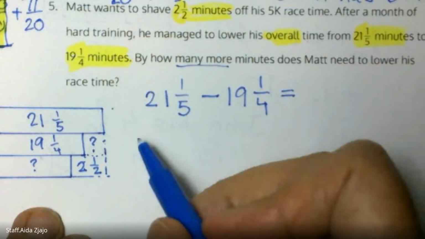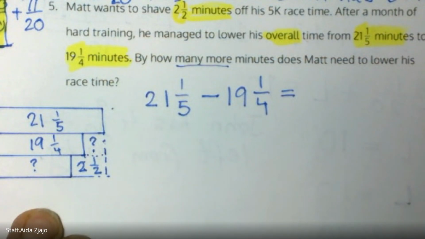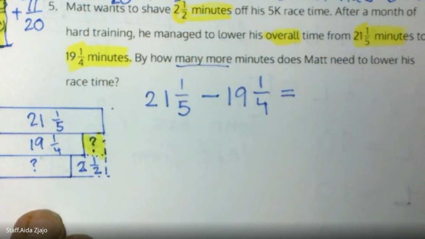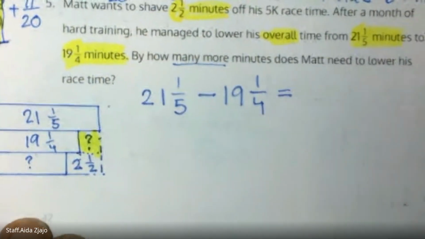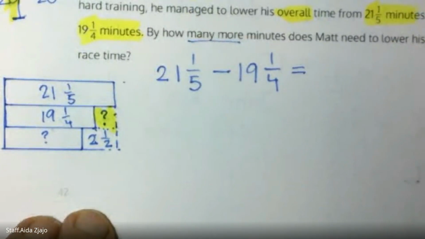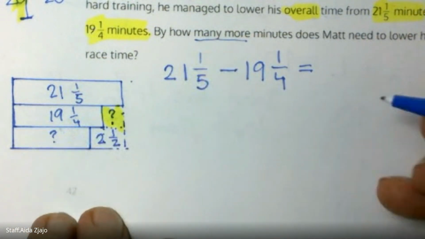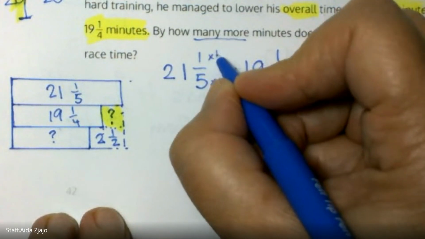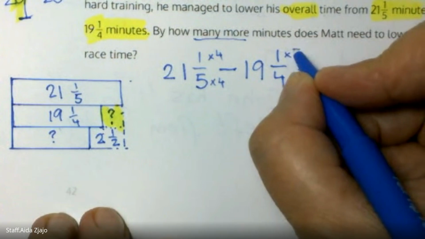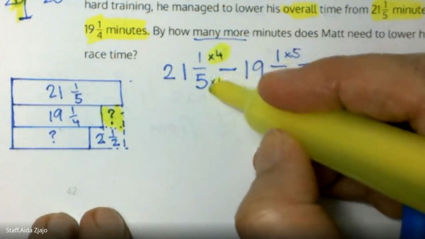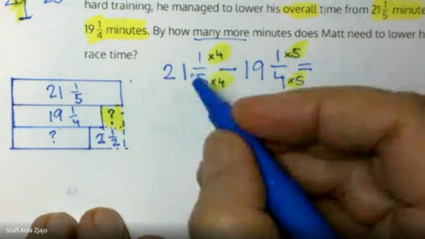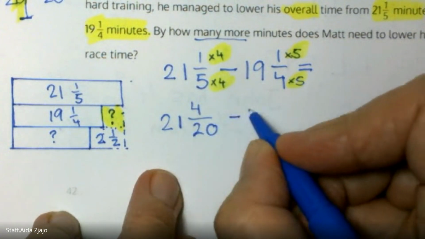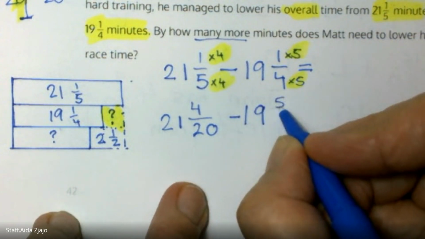The difference in between will be our unknown, how much he lowered. We make the same denominator, times 4 and times 5, and we get 21 and 4/20 minus 19 and 5/20.